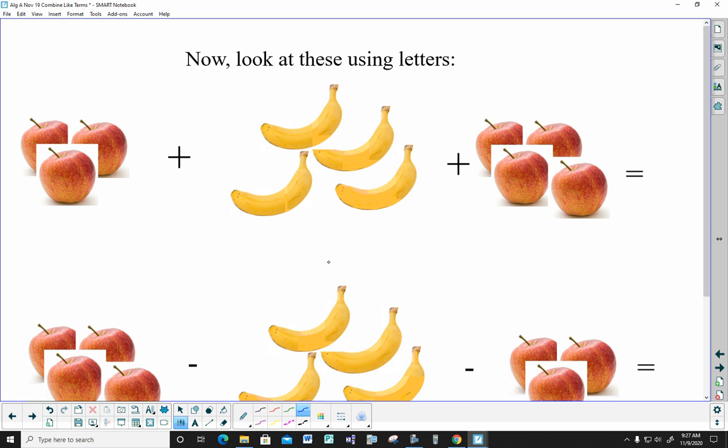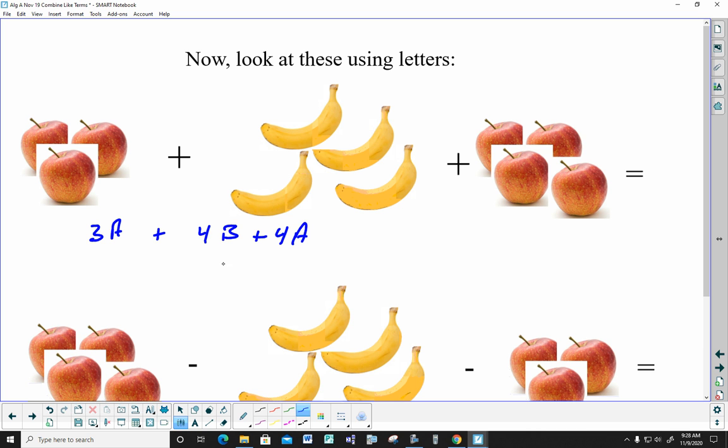Now using letters, if I were to have, say, 3 apples plus 4 bananas plus 4 apples, I can combine the 3 apples and the 4 apples.